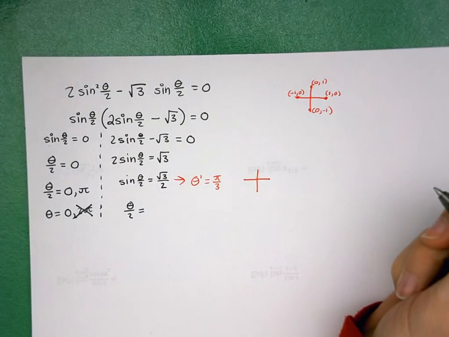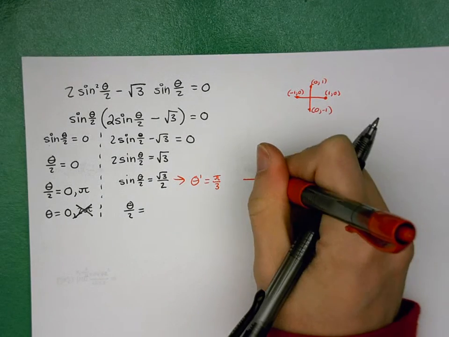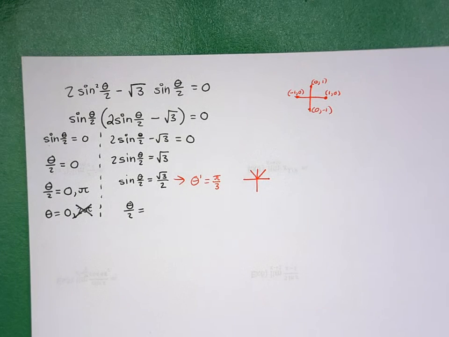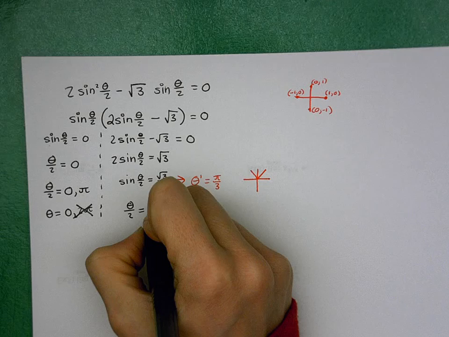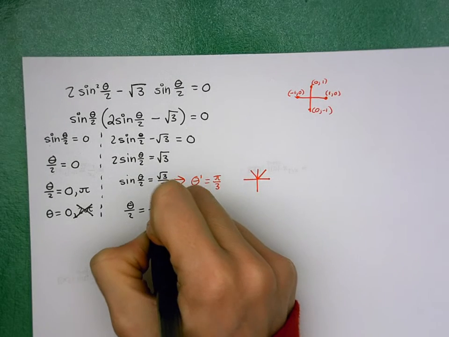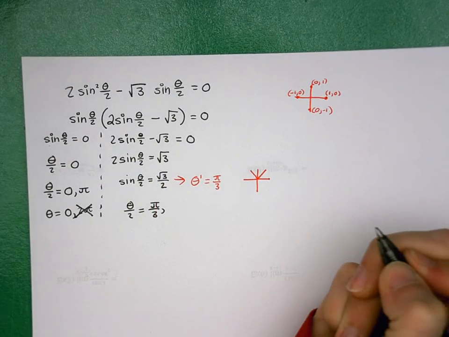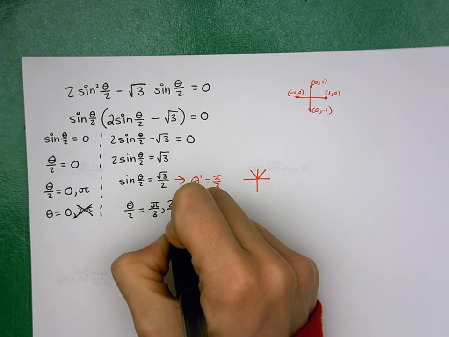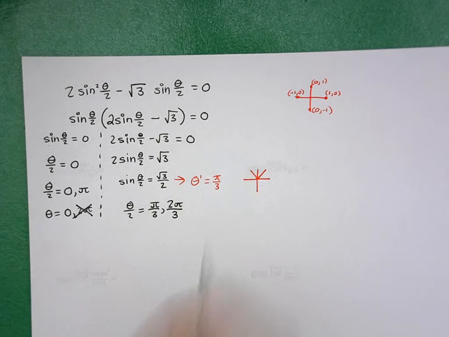Take a moment. You should get first and second quadrant. So we're wanting to name the pi over 3 angle in both of those quadrants. And so in this case, this would be our pi over 3 for the first quadrant, and 2 pi over 3 for your second quadrant.